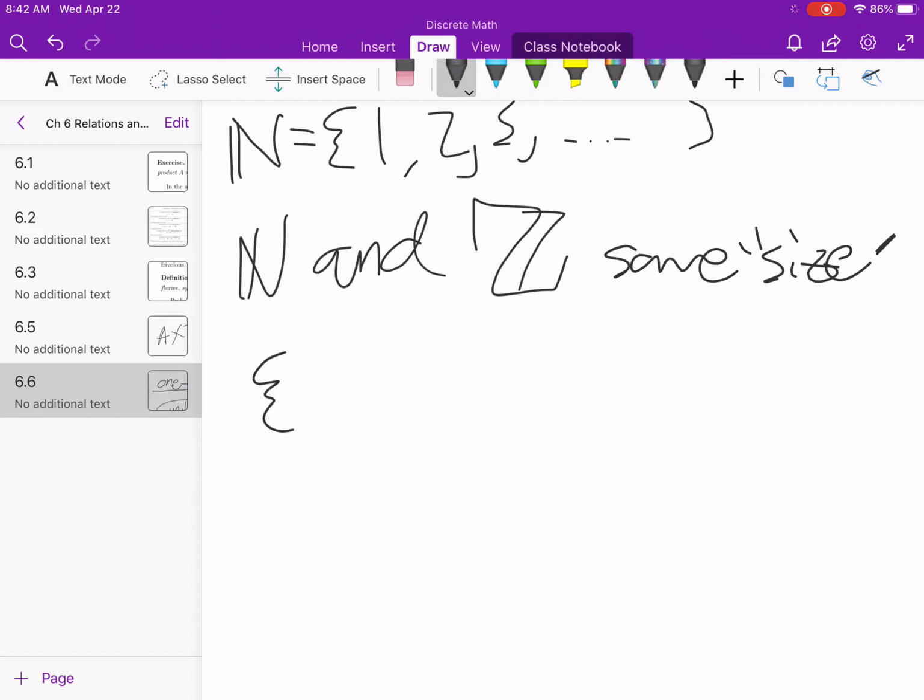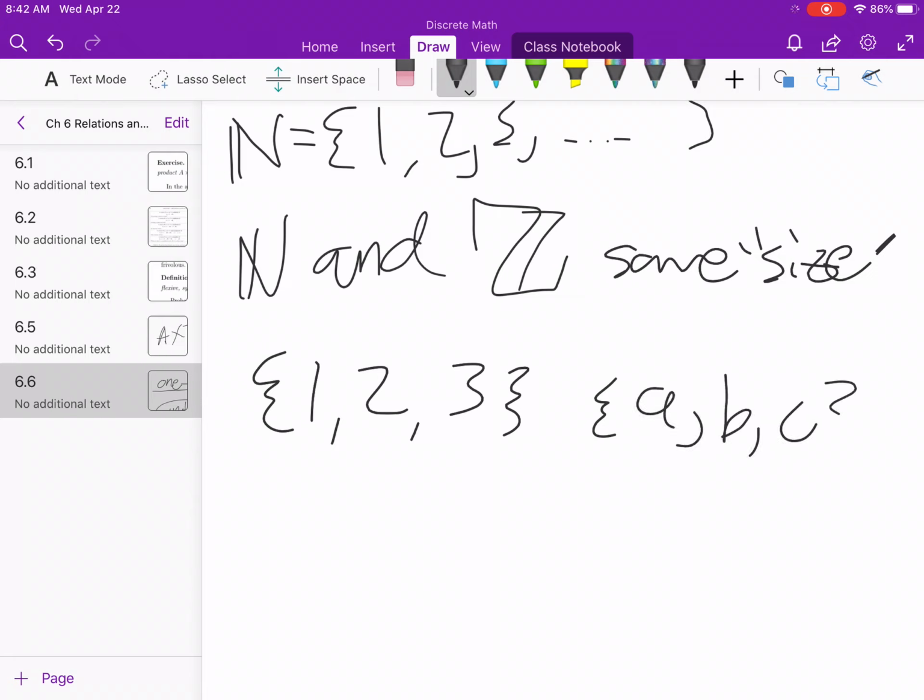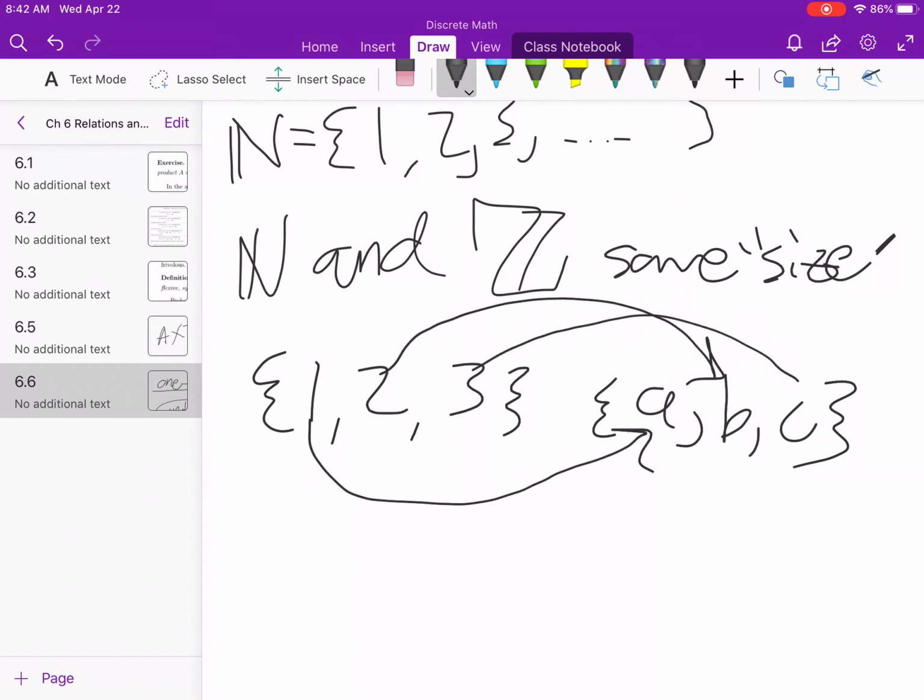If I had a set 1, 2, 3, and another set A, B, C, I can find a map right here. This is an easily defined map: 1 goes to A, 2 goes to B, 3 goes to C.